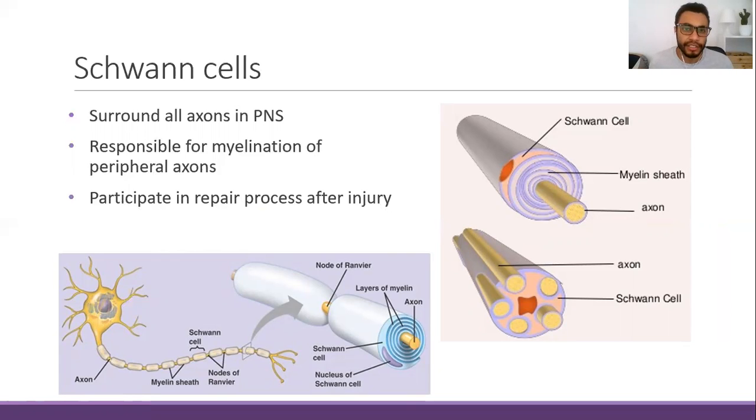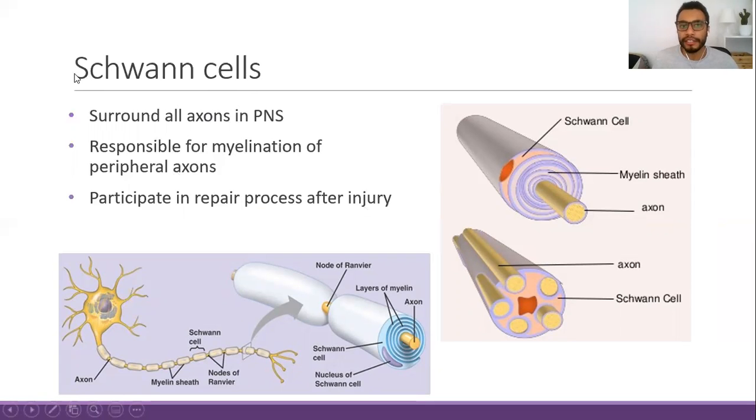Neurons in the central nervous system don't have this ability to regenerate, okay, because of the oligodendrocytes. They are the equivalent cell types in the central nervous system. The oligodendrocytes produce a factor that inhibits neuronal growth in the central nervous system.